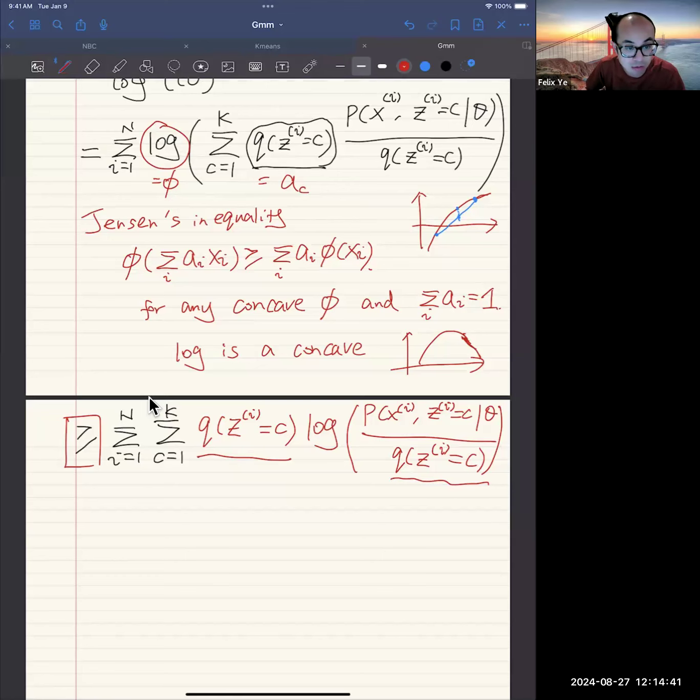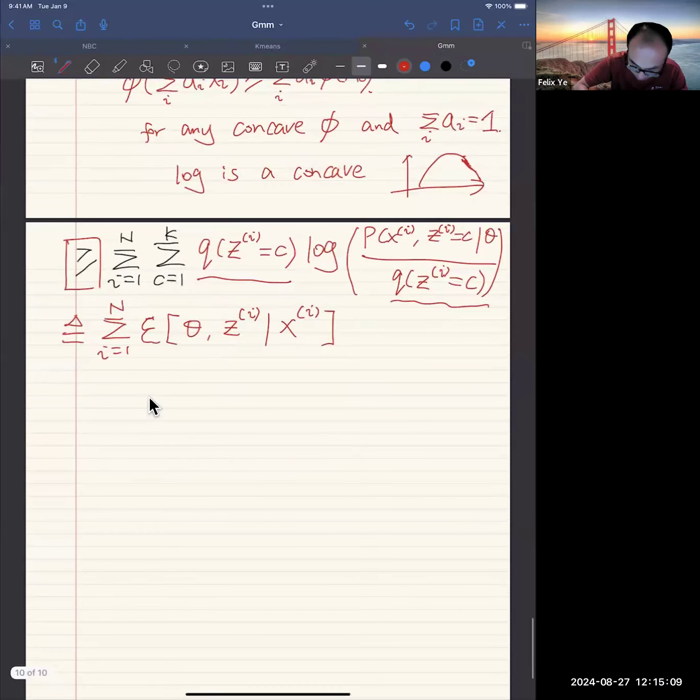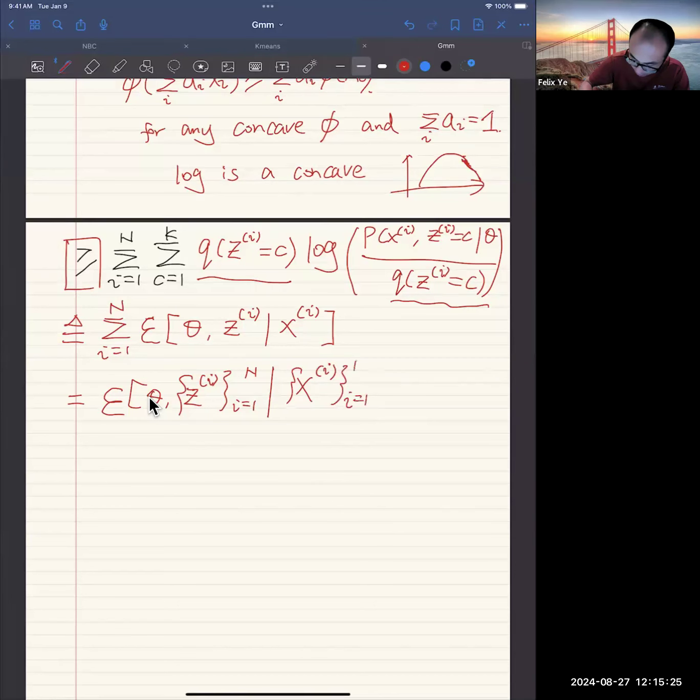I'm going to define this whole thing, the summation over i from 1 to n, as E of theta, z_i conditional on x_i.